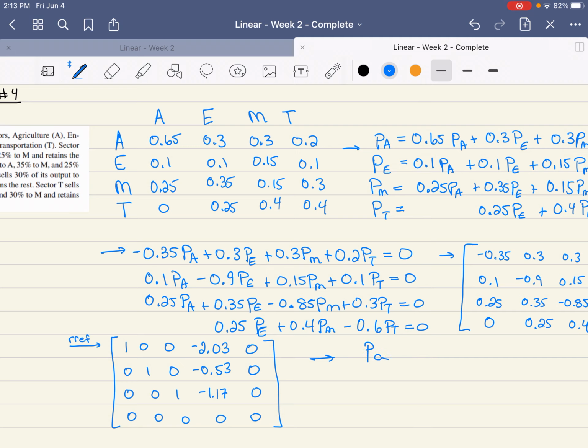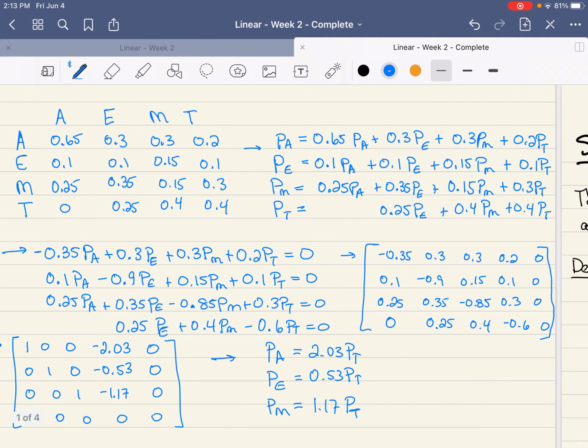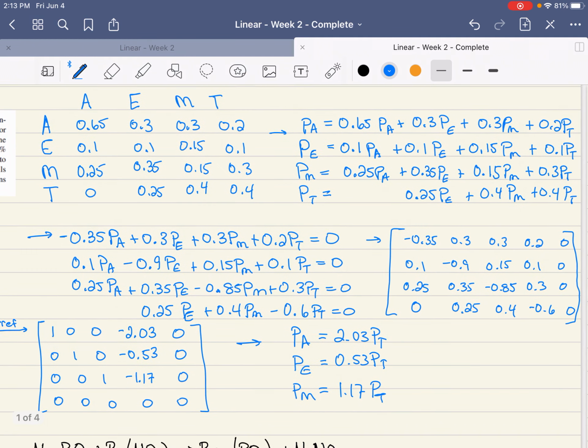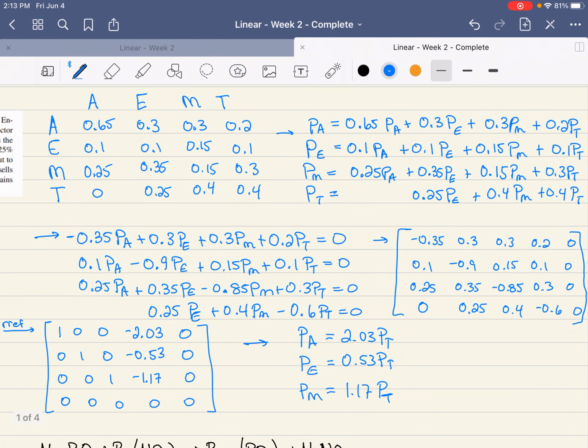And what that leads to is P sub A, so I was using capital, P sub A is 2.03 times P sub T, the last one, and P sub E is 0.53 P sub T, and P sub M is 1.17 P sub T. So you could let P sub T be represented by anything that you wanted, and then you can write these guys as multiples of those.